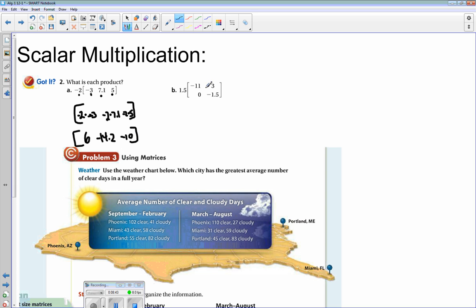It's the same when you have a larger matrix. It's as if every element gets multiplied by 1.5.